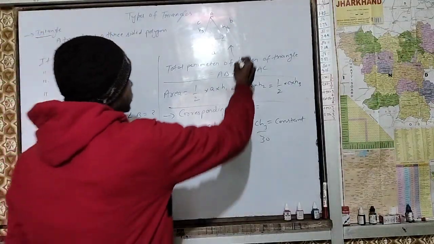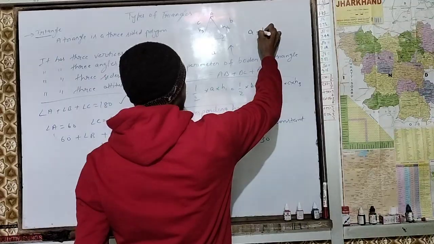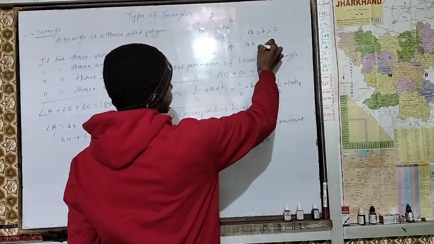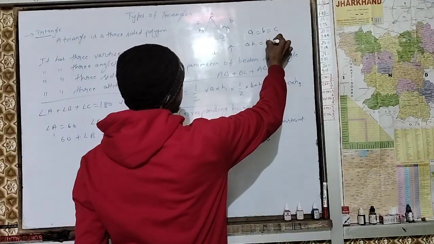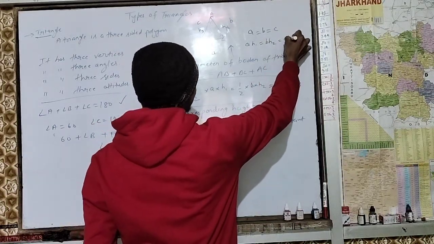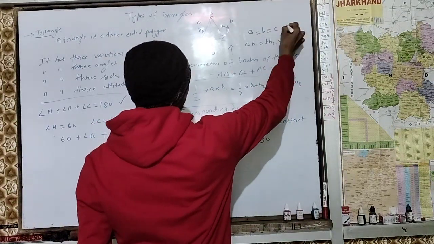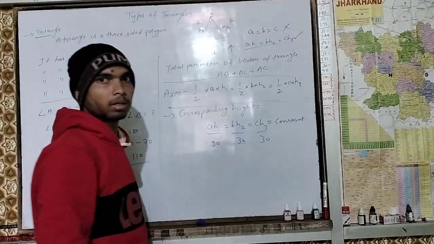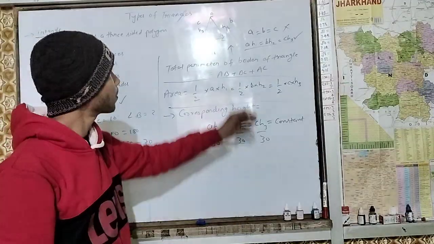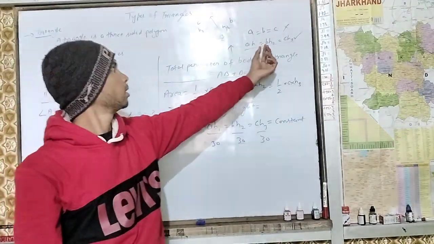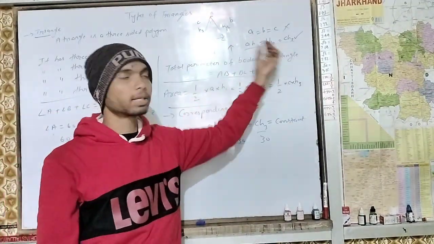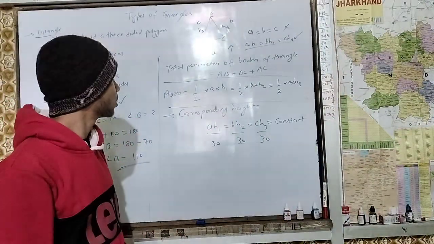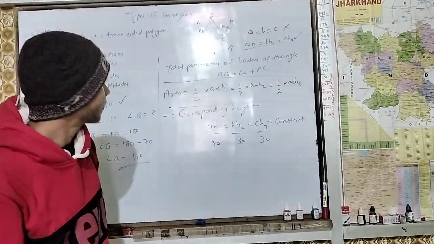I am not saying A is equal to B is equal to C. No. I am saying AH1 is equal to BH2 is equal to CH3. We are multiplying H1 with A, H2 with B, H3 with C. Clear?